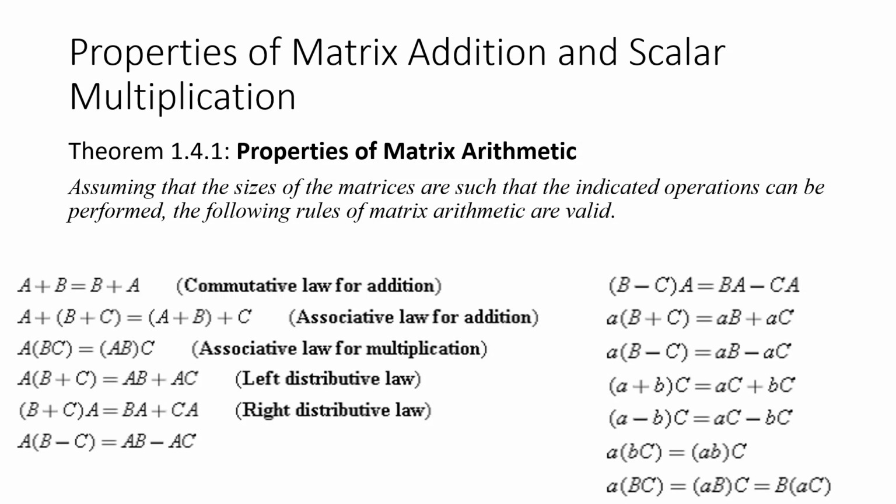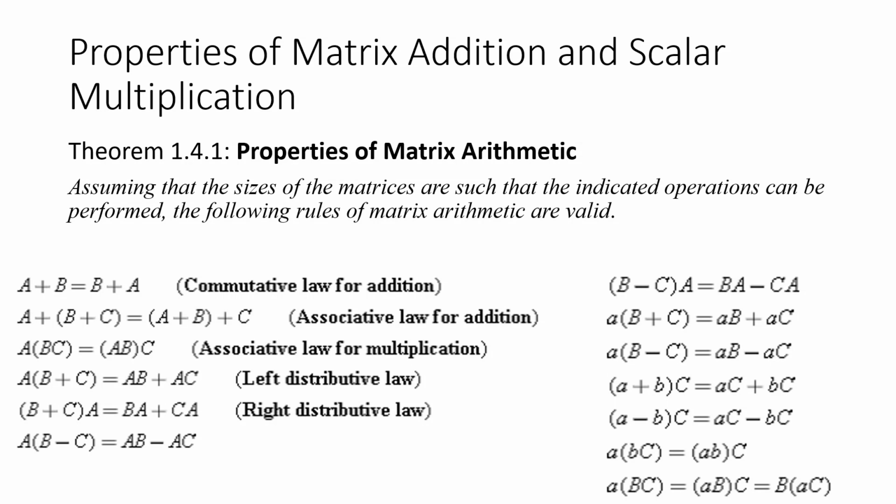So we have the commutative law for addition, associative law for addition, associative law for multiplication, left distributive law, right distributive law. Then you have A times the quantity B minus C is equal to AB minus AC, and the quantity B minus C times A is equal to BA minus CA.